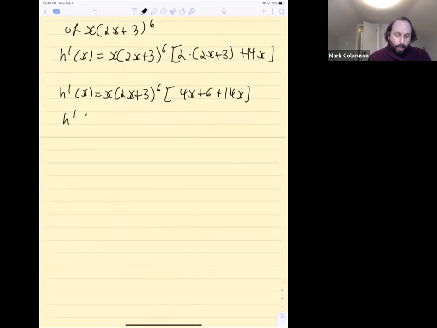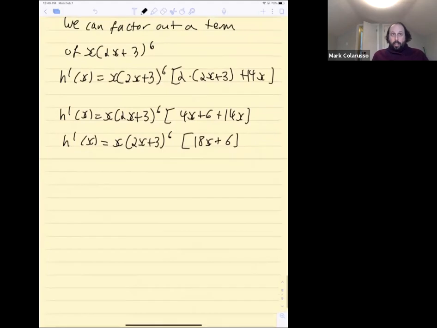So you get h prime at x is x times 2x plus 3 to the 6th power, times 18x plus 6. And if you want to be really fancy, you can factor a 6 out of this, and you get h prime at x is 6x times 2x plus 3 to the 6 times 3x plus 1. And that is the answer in completely, fully factored form.